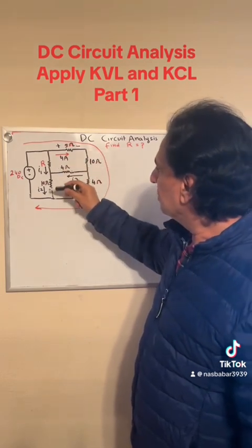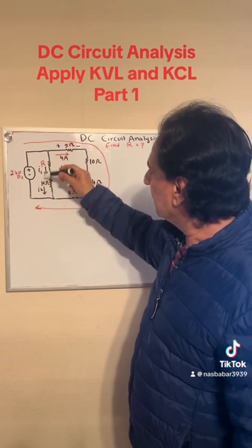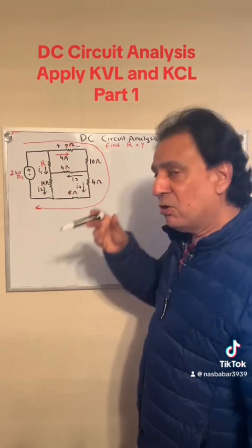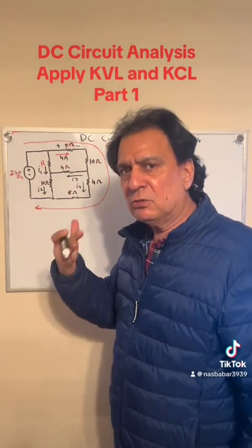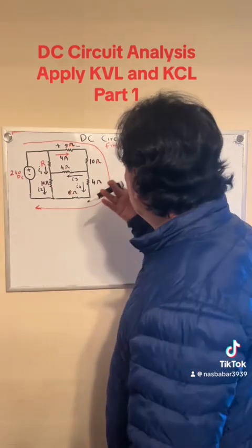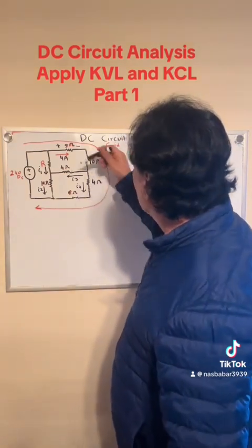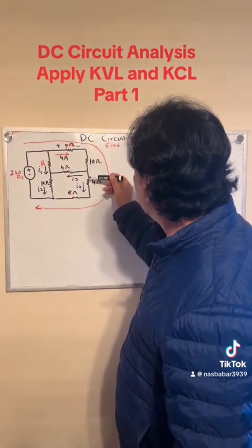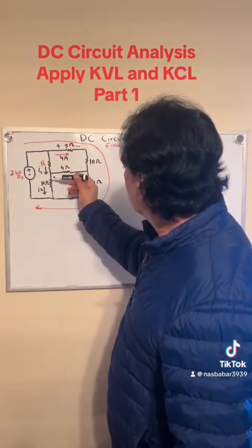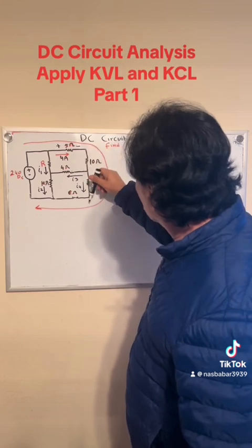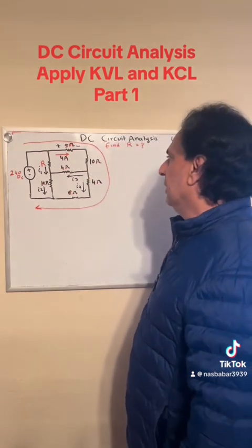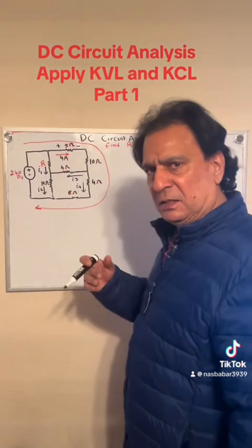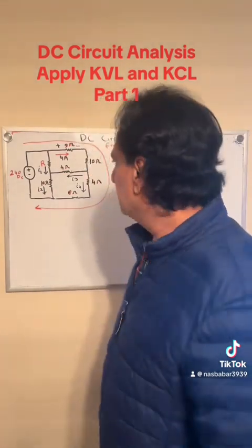I drew these circuit lines based on an educated guess, because if this 4 amp current is coming down here, it's going to split. So I3 is going to go this way and I4 is going to go across the 4 ohm resistor. So a little bit of assumption has been made.